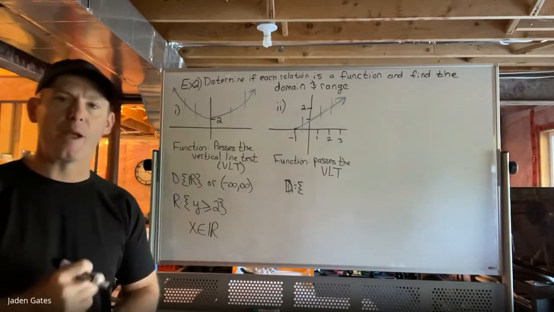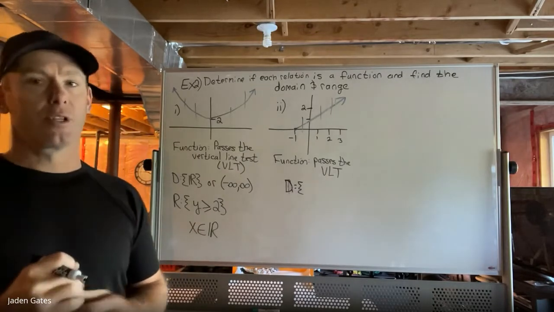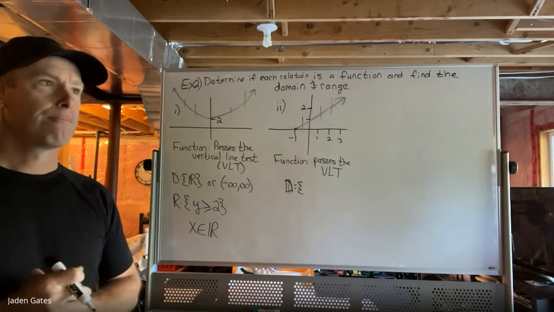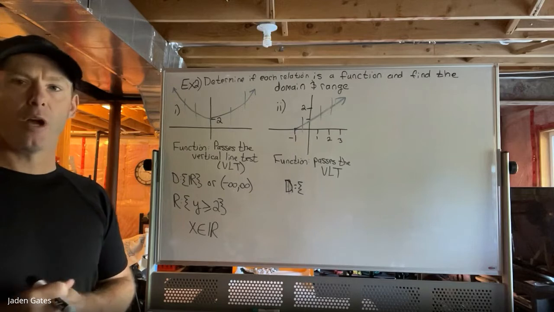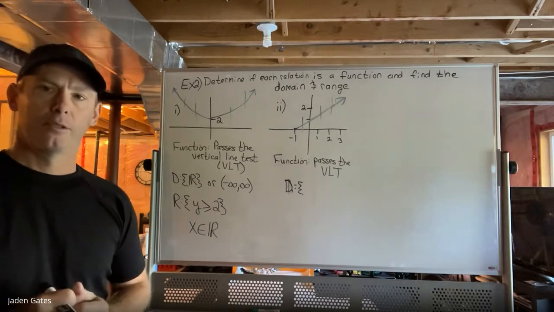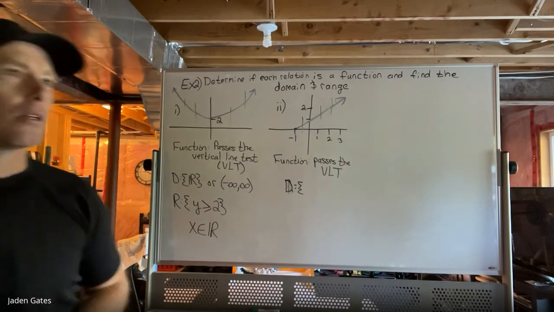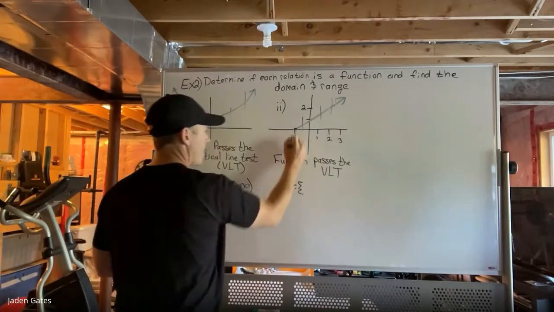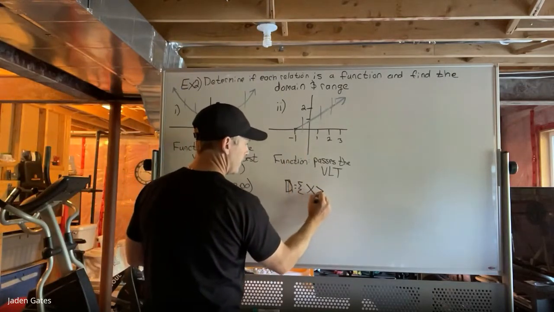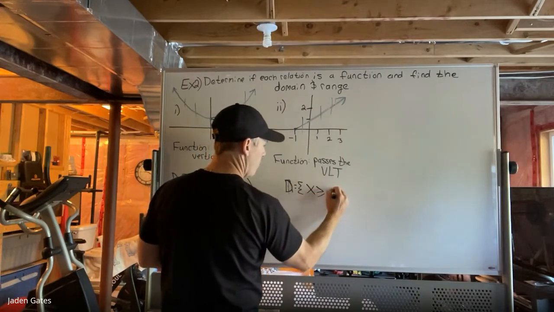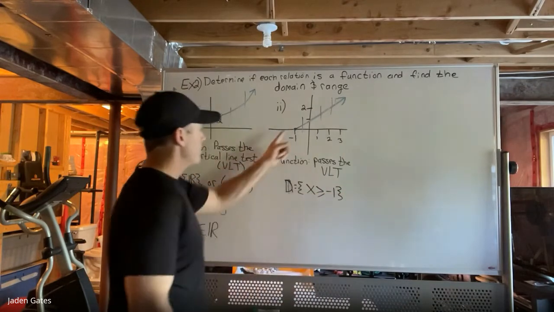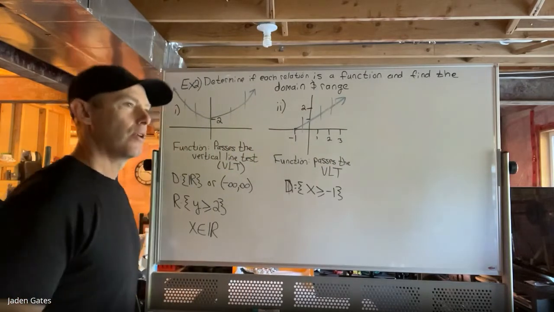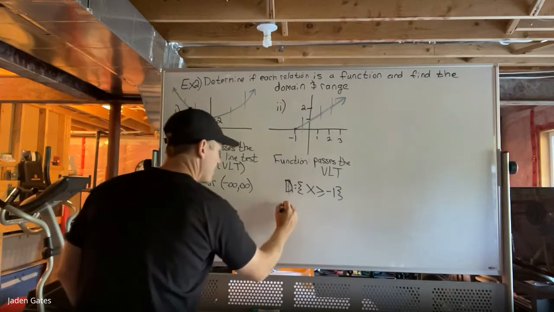Again, we're talking about domain, the intervals, in this case, of the possible x values. Left and right. Yeah, x is greater than, maybe we have a closed dot, and equal to -1. Starts at -1 and then moves right. Keeps doing it. All right, and now we get to the range.